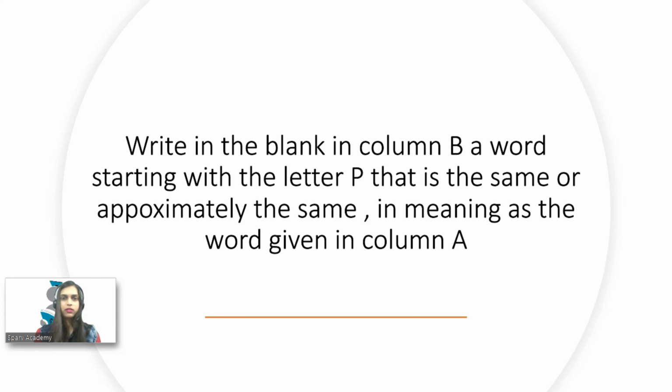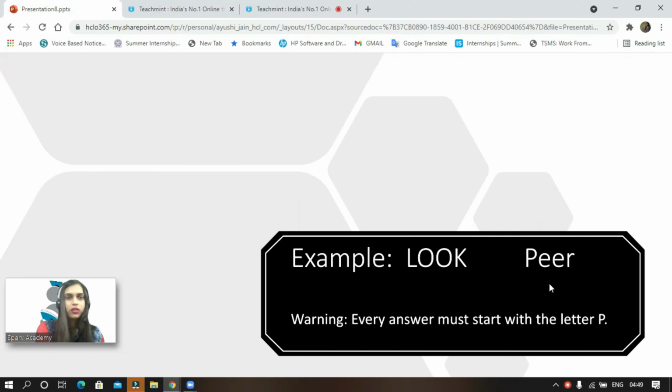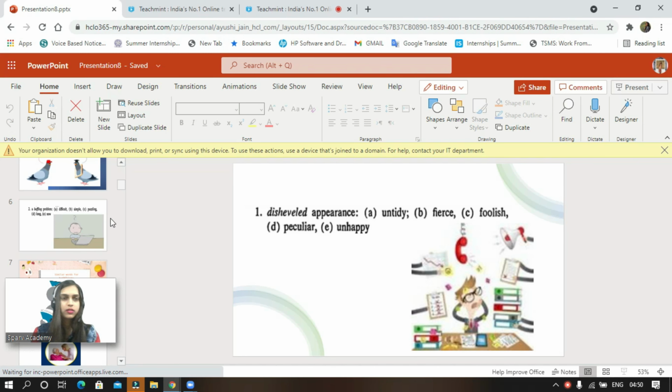In column A there is a word, and in column B you need to write the word starting with the letter P and similar to the word in column A. Let me see an example. Look, there is an exclusion: every answer must start with the letter P. Okay, let's start with this one.